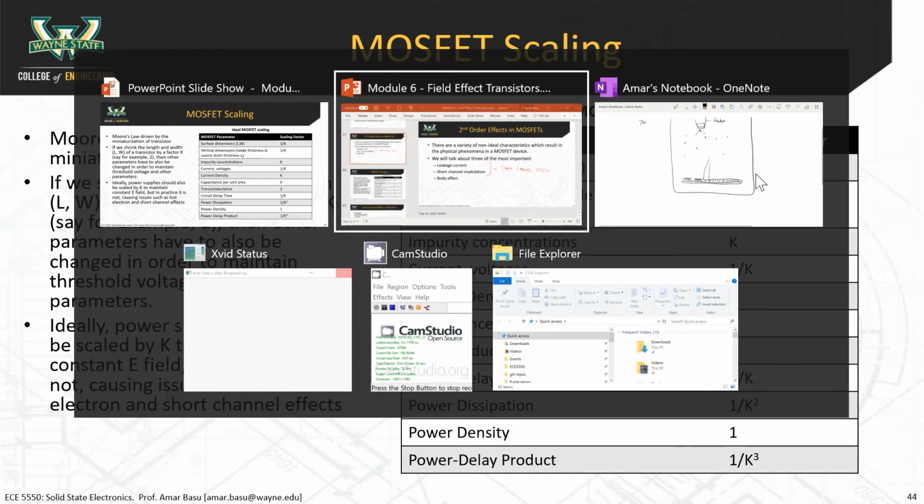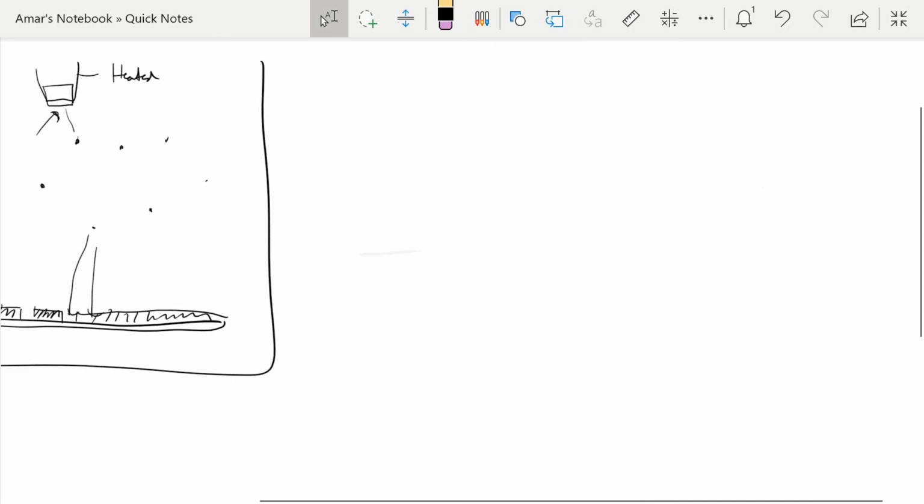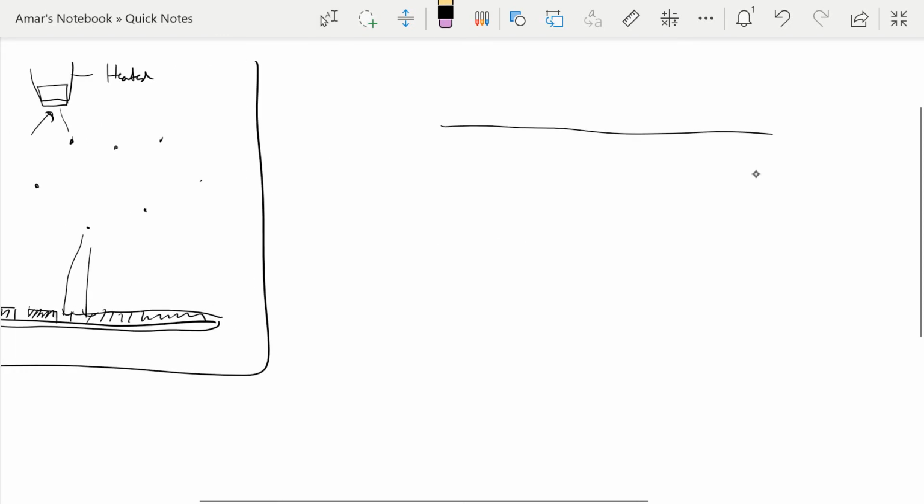If you just imagine drawing the transistor like this. So let's say this is our big transistor here. If we want to make the same transistor in a smaller dimension, we have to actually reduce the thicknesses of the gate oxide and the metal. Sorry, I actually didn't reduce the size there.